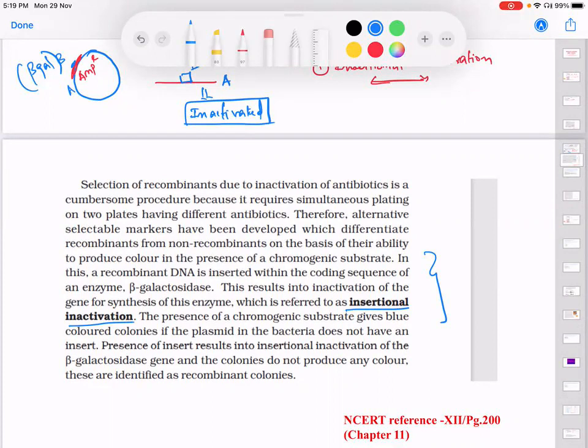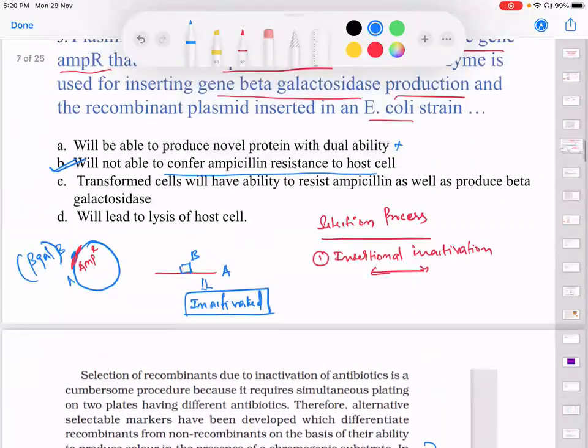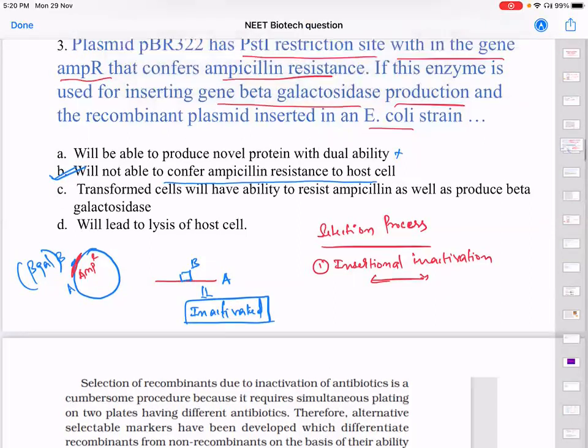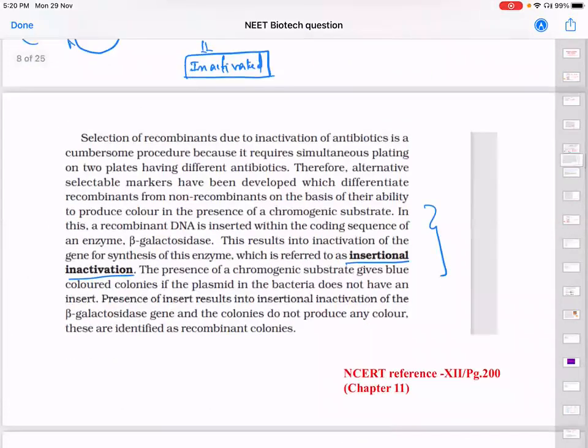Then you have to apply, which makes you go with option B. So quite a simple application question. Again, you can see page number 200 in chapter 11, Biotechnology, Class 12 series. And with respect to this, you can also expect a question in coming years from PBR322 chapters.